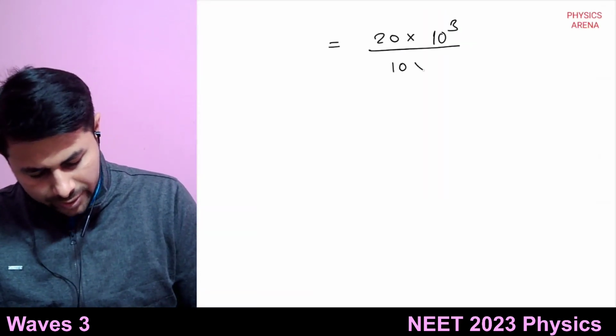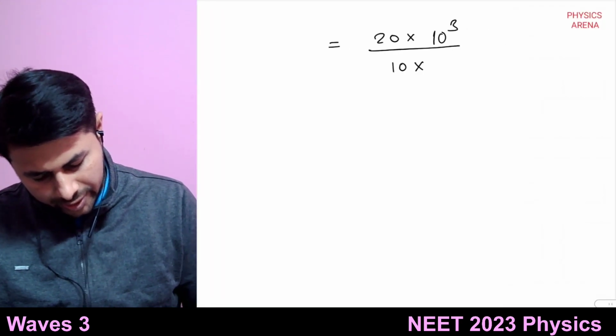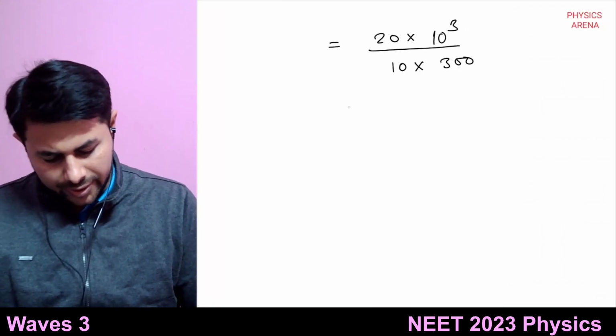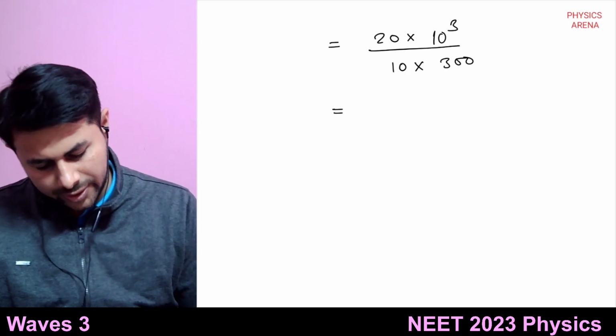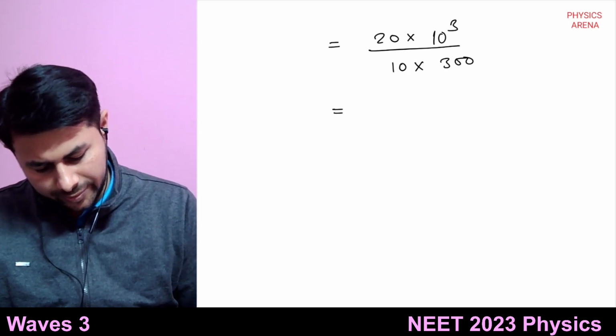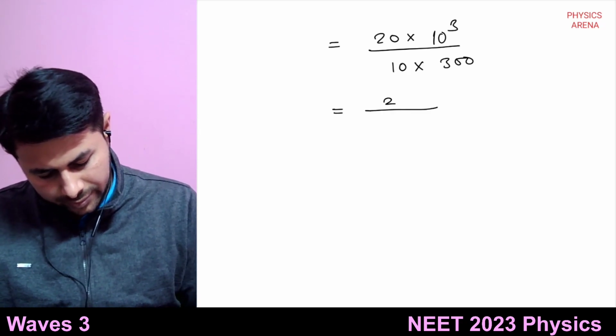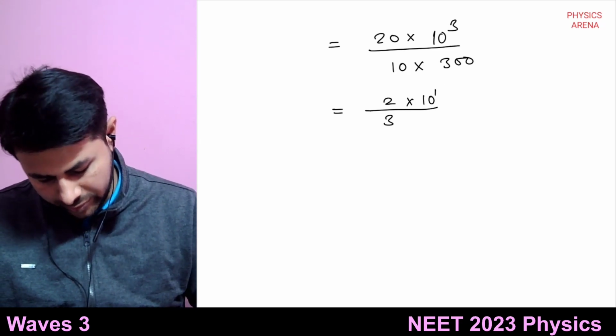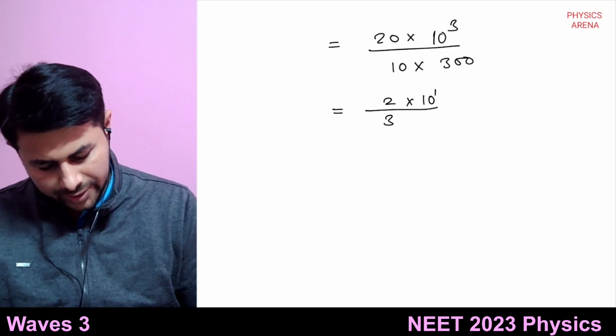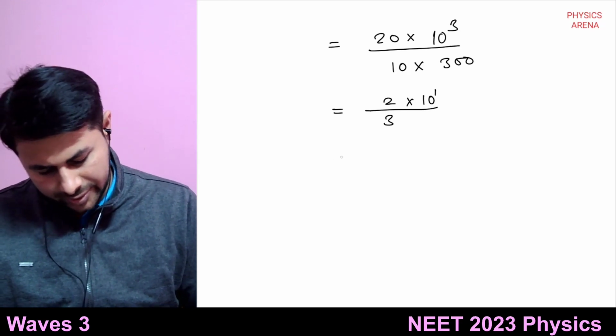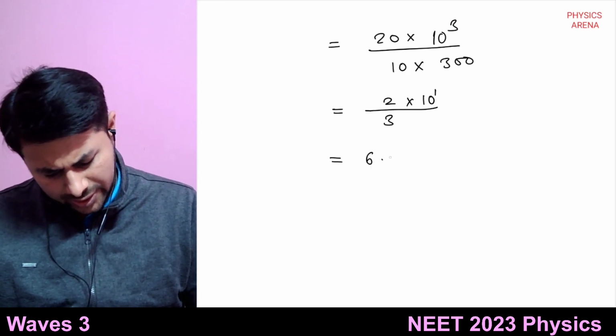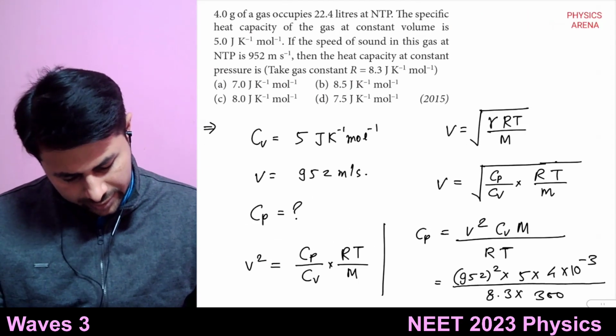Okay, so 10 multiplied by 300, so it is 2 by 3 multiplied by 10 raised to 1. If I take this, it is 20 by 3, so is it 6.6?